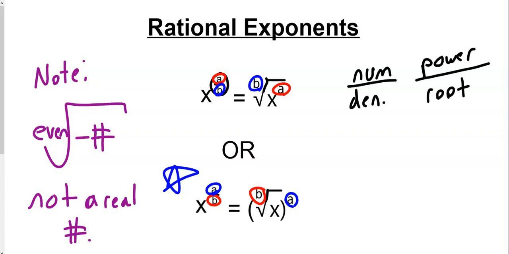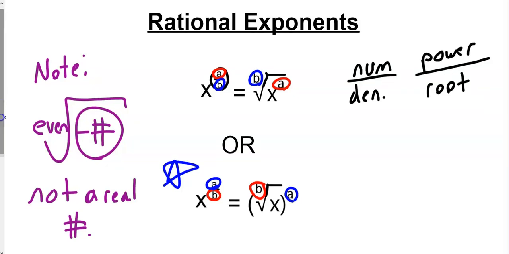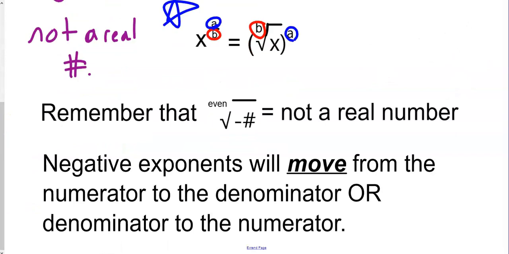But you need to understand that anytime you have an even root, like a square root, a 4th root, a 6th root, if there is a negative number underneath that root, your answer is not a real number. It does not simplify down. Okay? And then the other thing that you need to understand. Oh, look, right there. I even talked about it right here. Silly me for not scrolling down. So remember that an even root with a negative number under there equals not a real number.